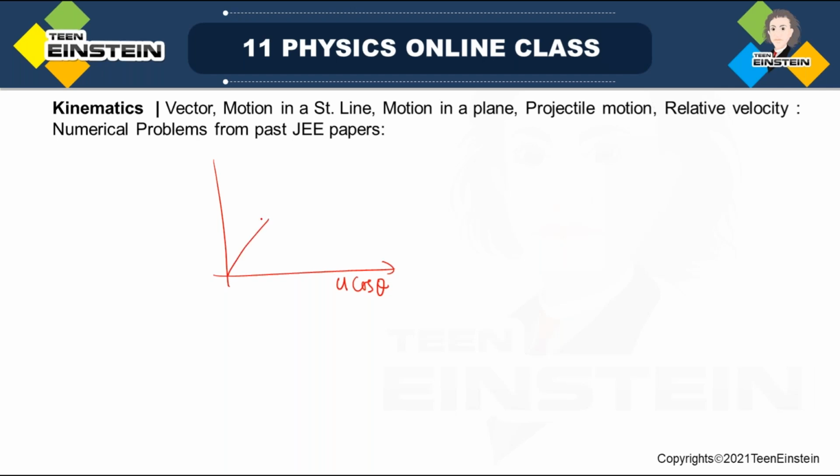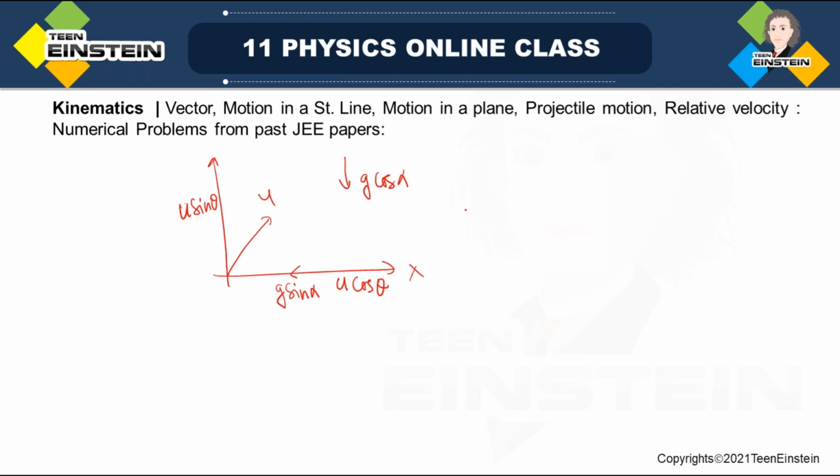Since this x-axis is the inclined plane, there will be g sine alpha acting against the motion along the plane, as a component of the gravitational acceleration. In the perpendicular direction you have velocity component u sine theta, and the acceleration is g cos alpha.